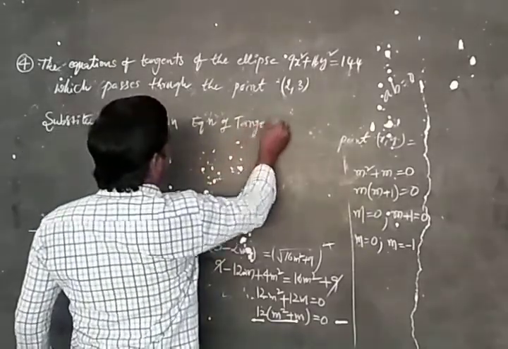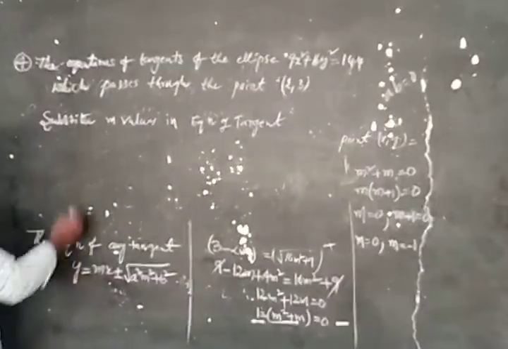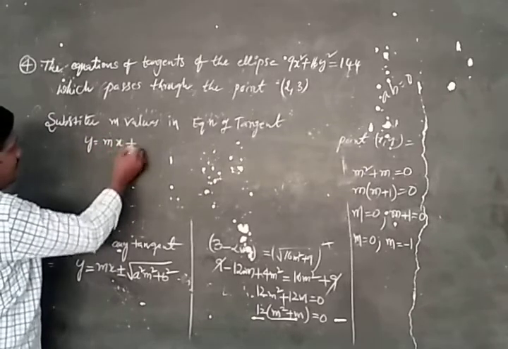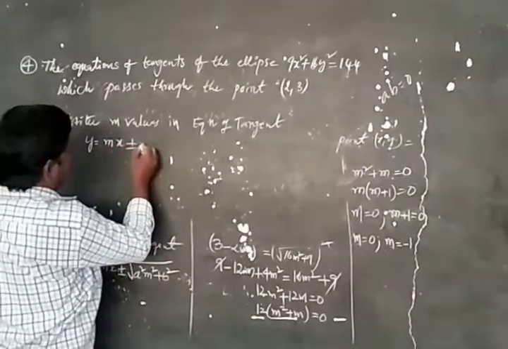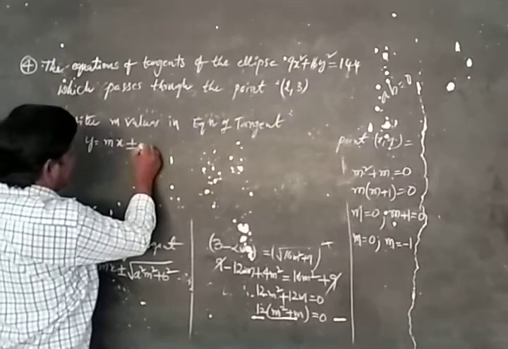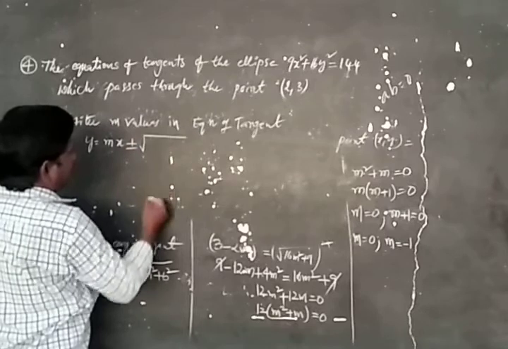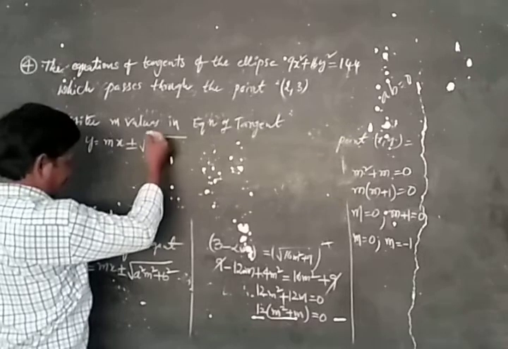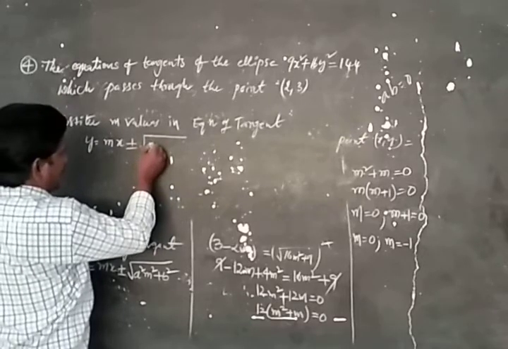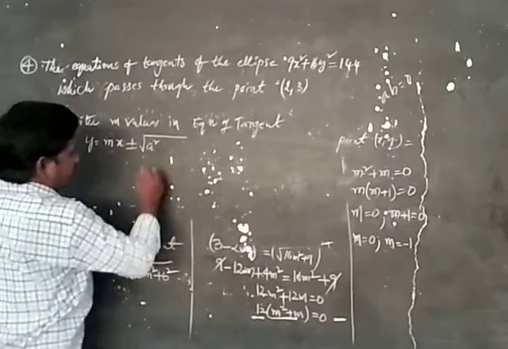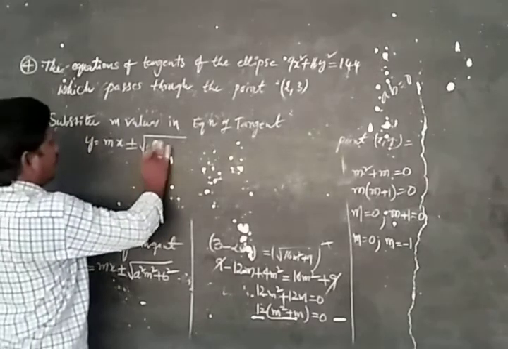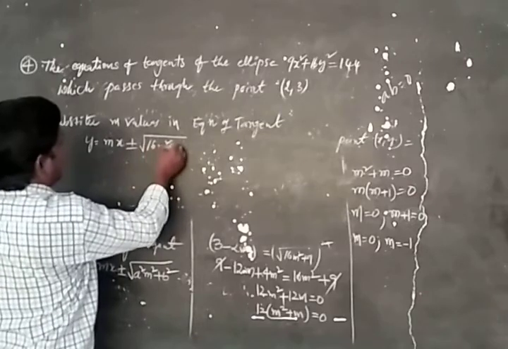Okay, what is the equation of tangent? y equal to mx plus or minus root of a square m square plus b square, that is 16m square plus 9.